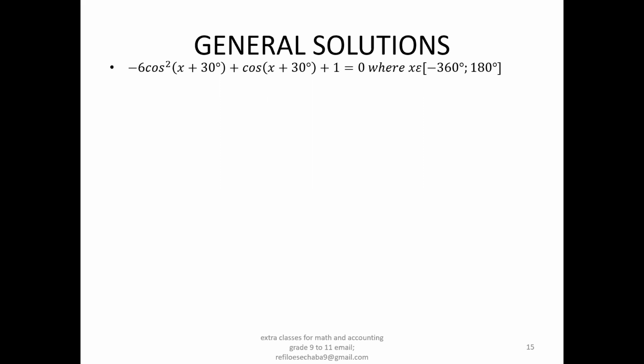Negative 6 cos squared 30 degrees plus cos 30 degrees plus 1. Plus 1. So I don't understand. What did you do here? Did you change this? That x plus 30? Or what did you do?